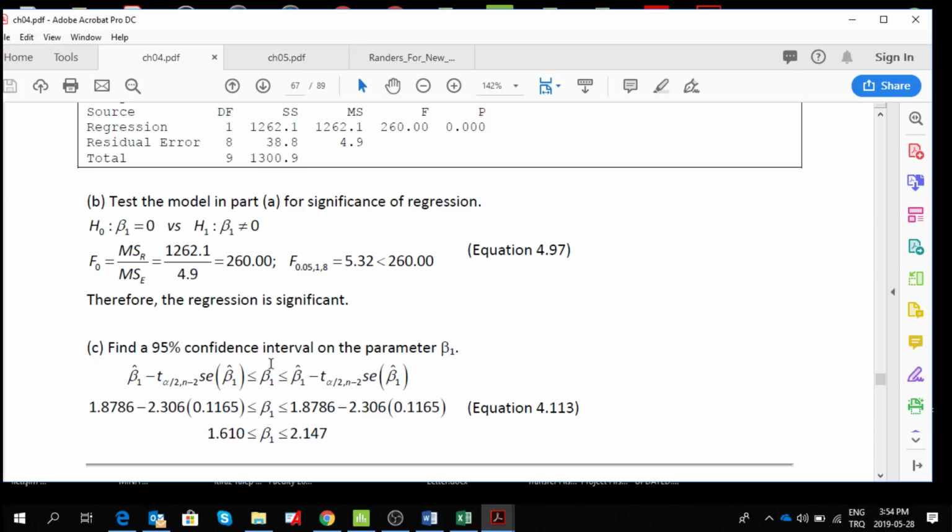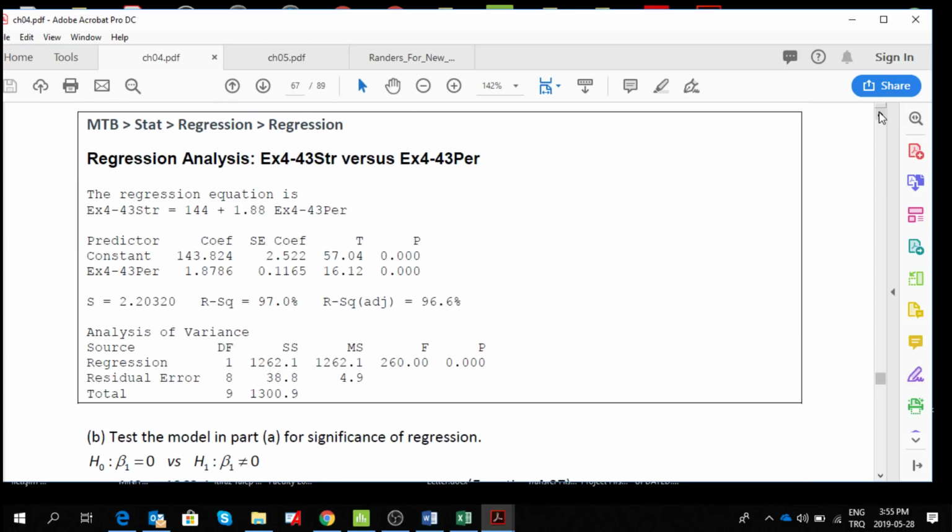Beta 1 can be estimated by beta 1 head, but the interval is going to be written as beta 1 head minus t alpha over 2, n minus 2, times the standard error of beta 1 head. So what's the standard error for beta 1 head? We need to find it from our output.